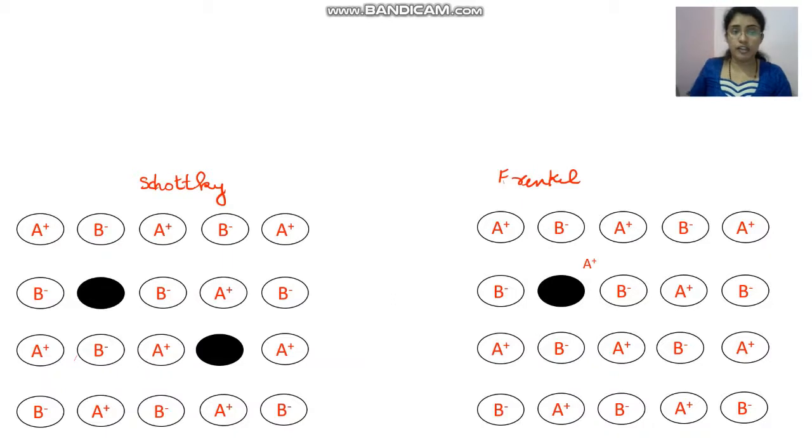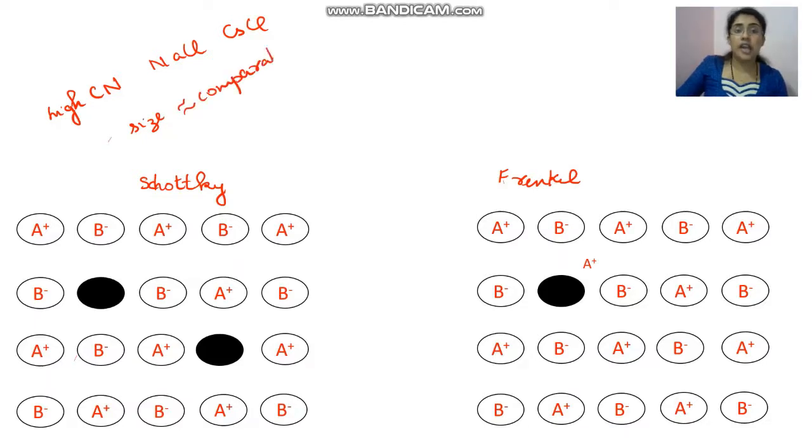This kind of defect occurs in compounds with a high coordination number, for example sodium chloride and cesium chloride, and where the sizes of the cation and anion are approximately comparable. Such compounds would form this Schottky defect.